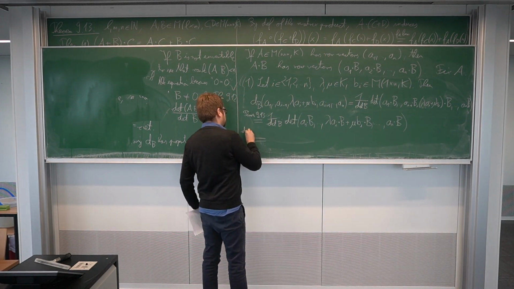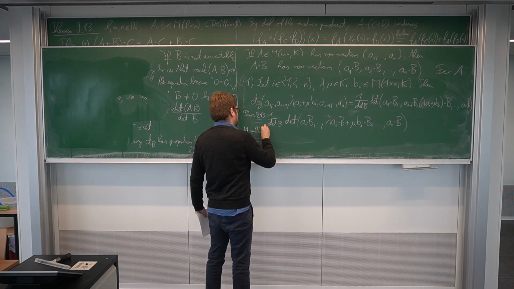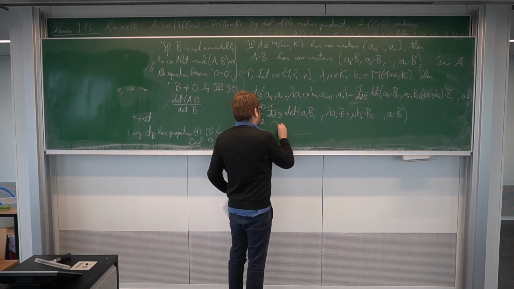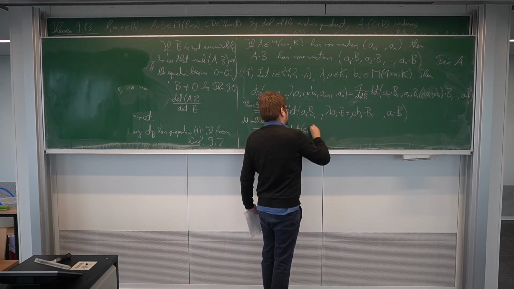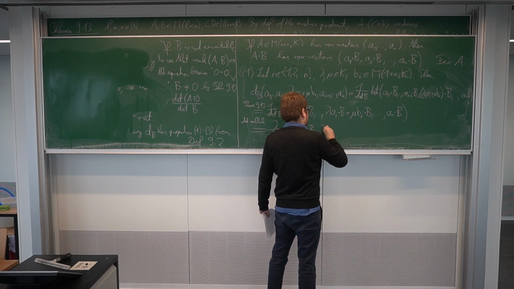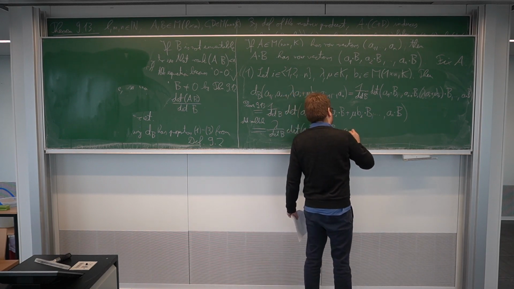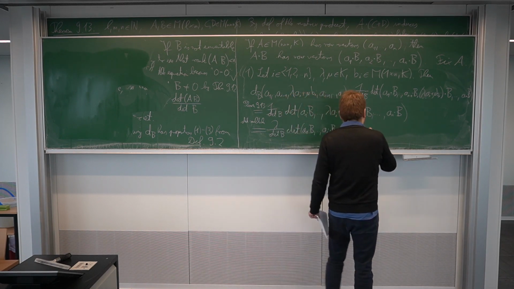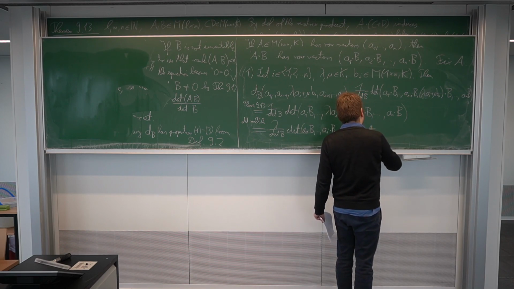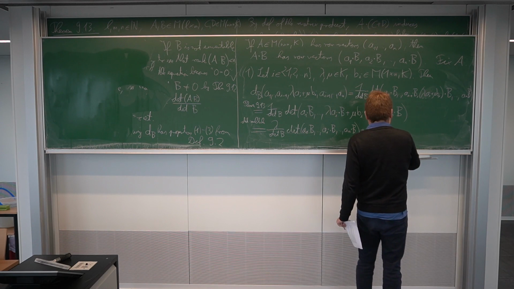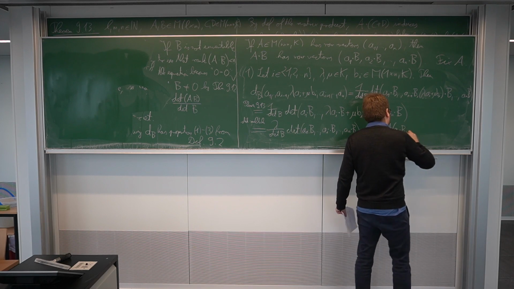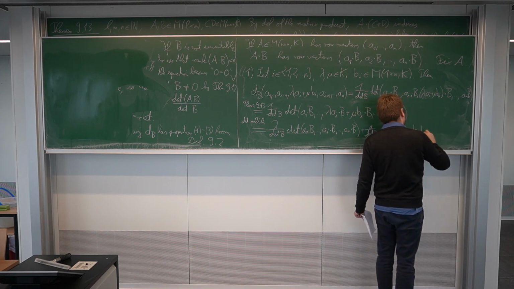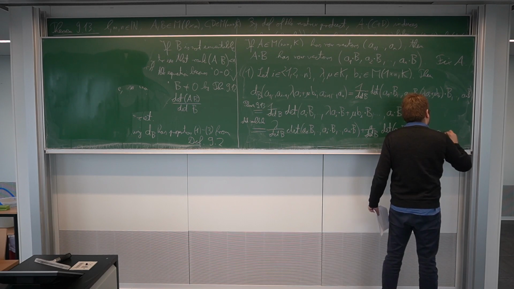So here, since the determinant is multilinear, this is the same as lambda over det B, det of A1 times B, and so on to A_i times B, and so on to A_n times B, plus mu over det B, det of A1 times B, and now in the ith component we have B_i times B, and so on to A_n times B.